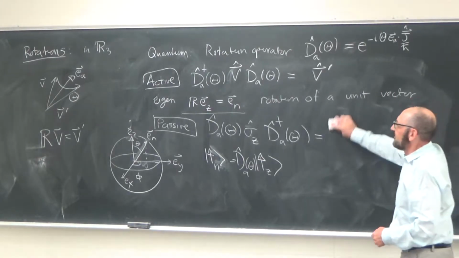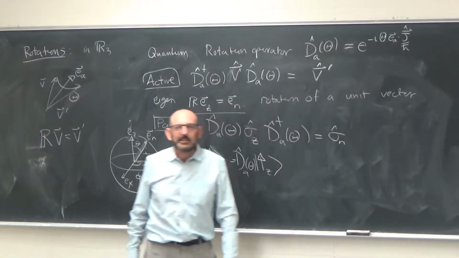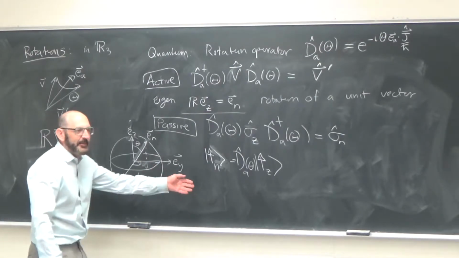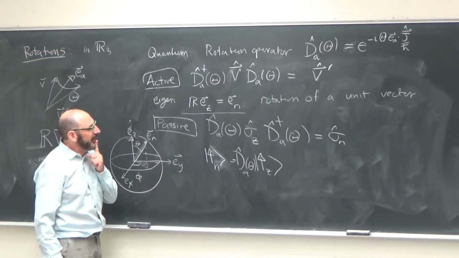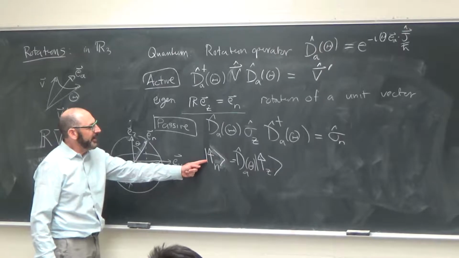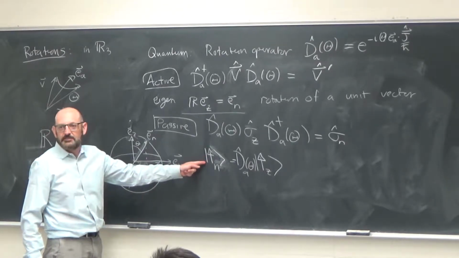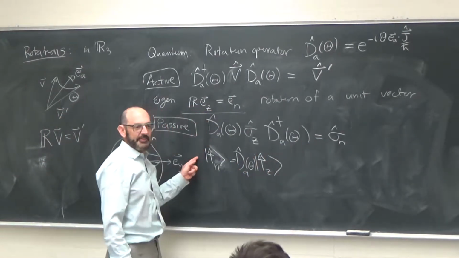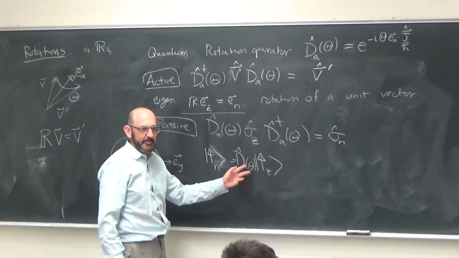Thank you for emphasizing that, because I kind of slept over it. So now I ask you all, with my lovely handwriting here, if you can read it, can you see that this guy is an eigenvector of sigma sub n with eigenvalue +1? Yes, because I apply this to this. Then first that gives me an identity.